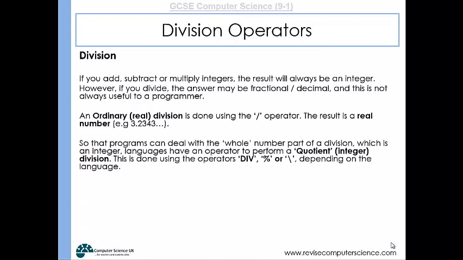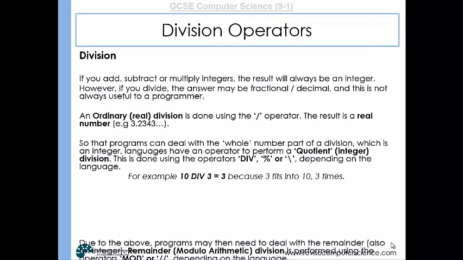But so that programs can deal with the whole number part of a division, which is an integer, languages have an operator to perform a quotient division. And that is done using the div or percentage sign or backslash symbol, depending on the language. So for example, 10 div 3 equals 3, because 3 fits into 10 3 times. It's the whole number part of the division.